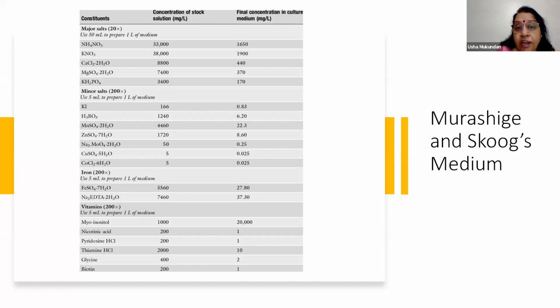So that final concentration which is written, how much you need in the culture medium, say 1650 milligram per liter, you have made a 20x solution. So you will be mixing these 5 macronutrients, and you will be making a stock solution. When you make a stock solution, you can store it in a refrigerator.